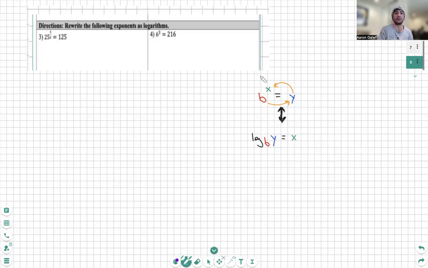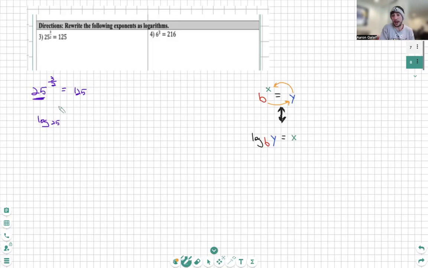So let's start doing some problems. Let's rewrite 25 to the 3 over 2 is equal to 125. What we need to do here is first recognize the base. Well, 25 is my base, so I can write log base 25.